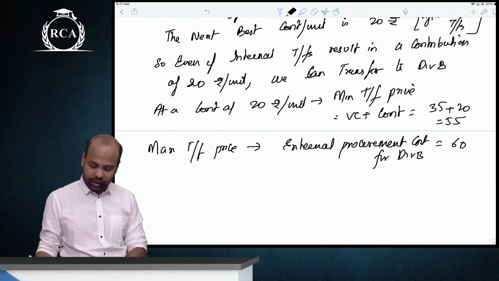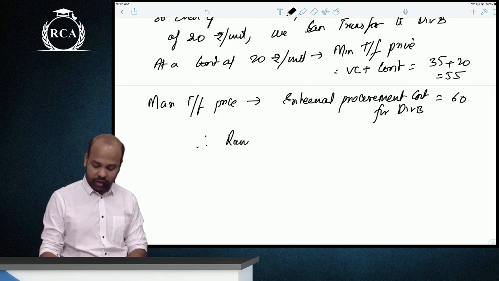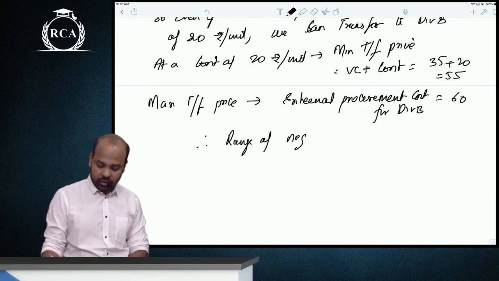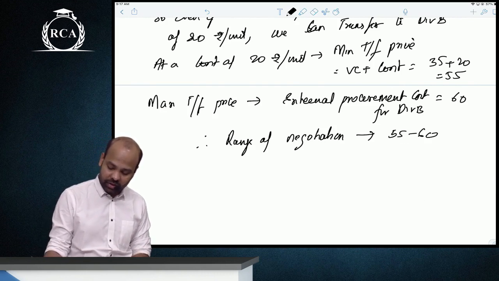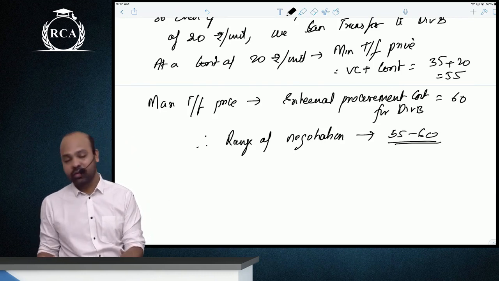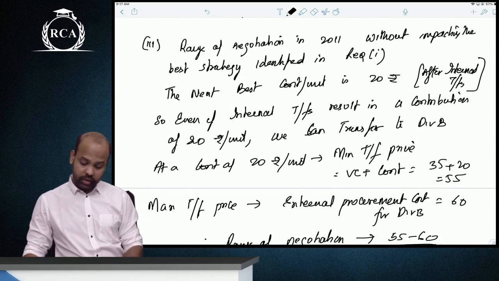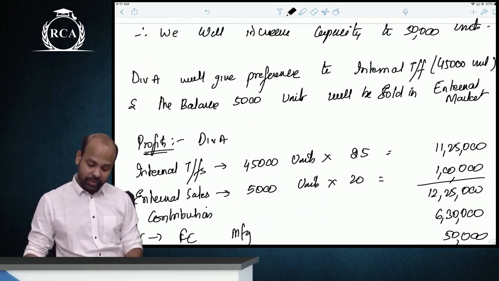So this becomes your range of negotiation. Therefore, your range of negotiation would be between 55 to 60. You negotiate with each other, and decide whether you want to do it or not. Okay? Yes sir, pretty much okay.